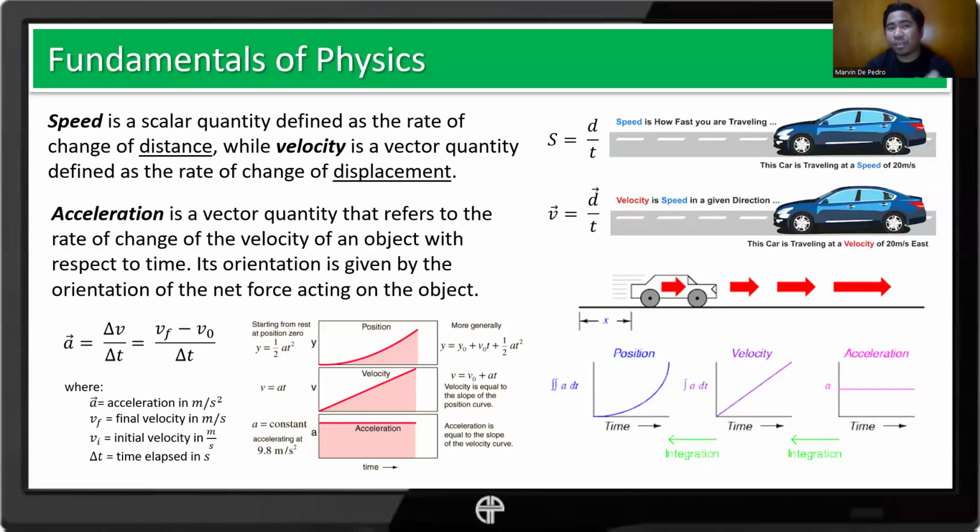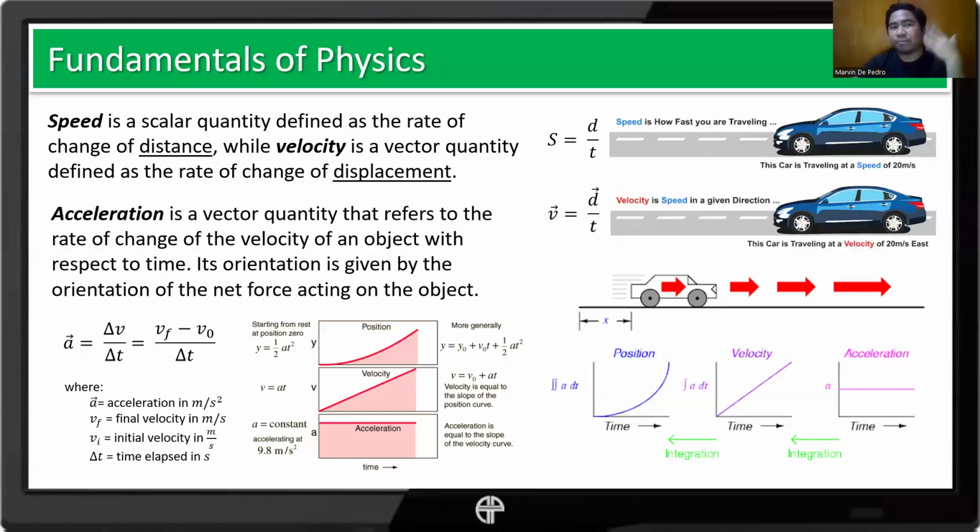On the other hand, when we say velocity, that's already a vector quantity that is defined as the rate of change of displacement. So that means it's no longer just magnitude. There's a direction that is involved. So when we say 5 meters per second, that's only speed.